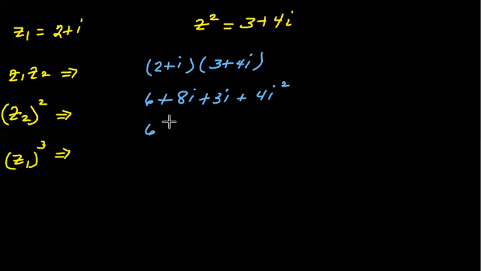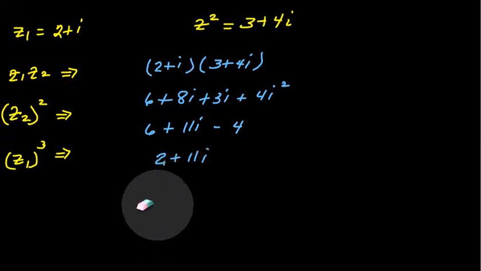So this becomes 6 plus 11i minus 4. Why did I get the minus? Because i squared is minus 1. So this becomes 6 minus 4 is 2 plus 11i. Okay, plus 11i. All right, so that's your answer for the first part.